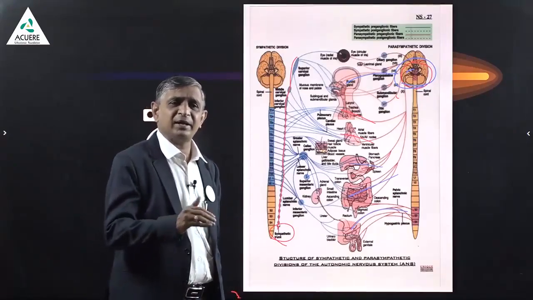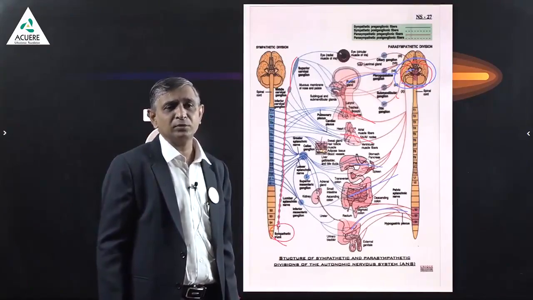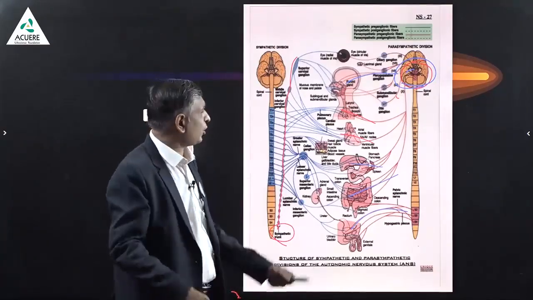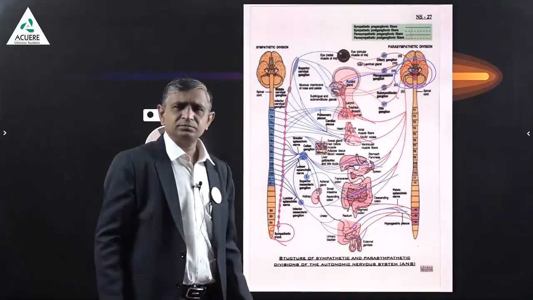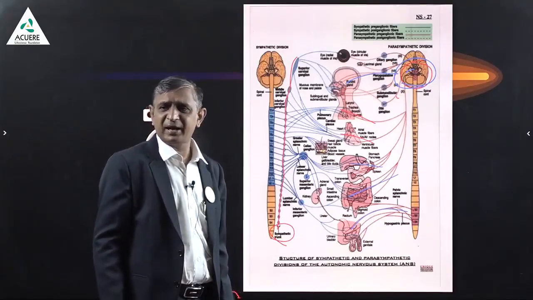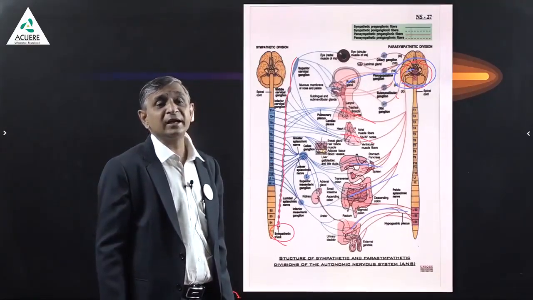Now I have another drug which can block this activity, and that is propranolol. Propranolol blocks this activity. Propranolol is going to block the adrenergic nervous system. It's an adrenergic blocker. Beta adrenergic blocker is the name. It will decrease the heart rate.